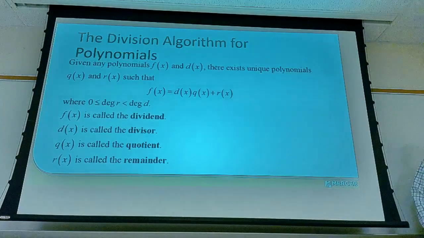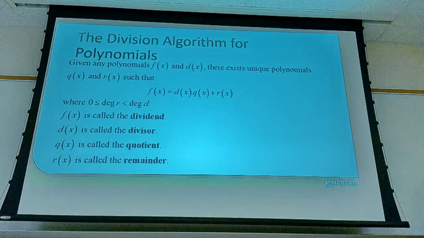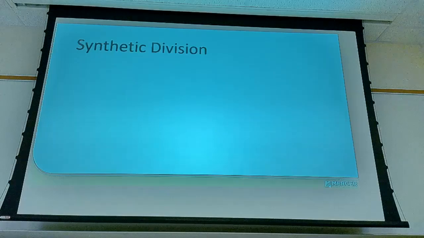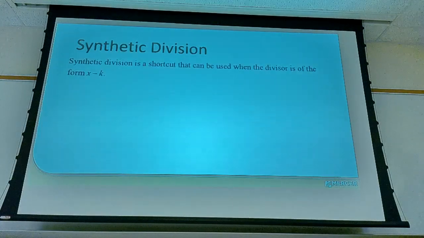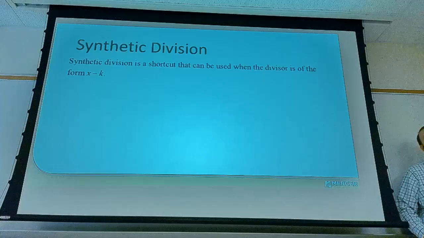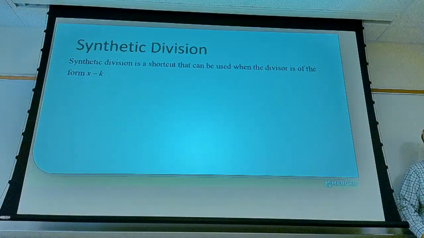So this second method is called synthetic division. It can only be used in the case where your divisor is of the form x minus k, where k is some real number.